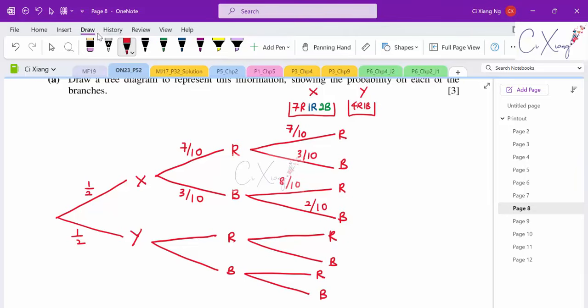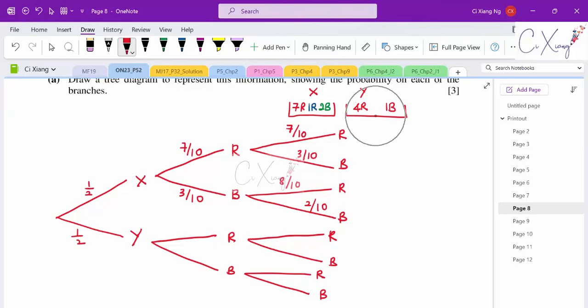All right, then let's focus on bag Y. For bag Y, originally I'm having 4R, 4 red color and 1B, 1 blue only. Now if the first marble that I select from bag Y is red color, what's the probability here?